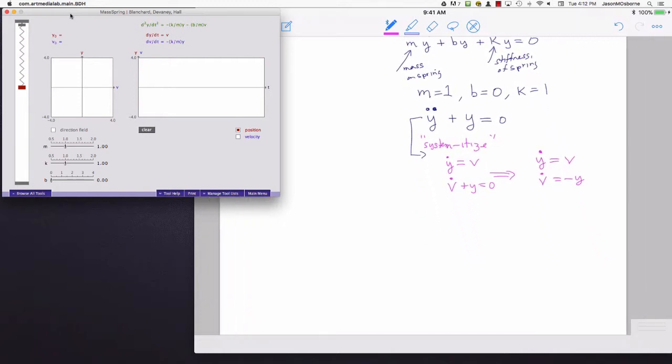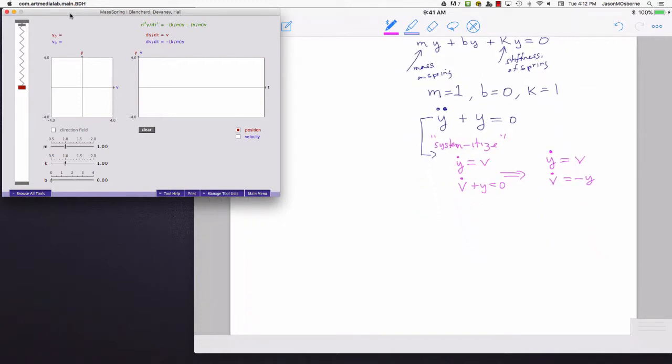Okay. So as a system, the mass spring system can be written as dy/dt equals Ay, where y is the position of the mass on a spring, and v is the velocity.